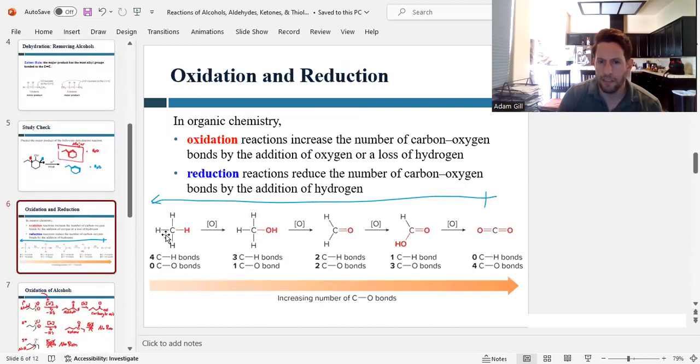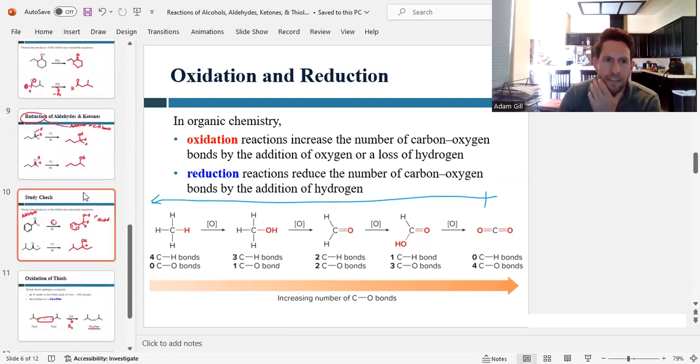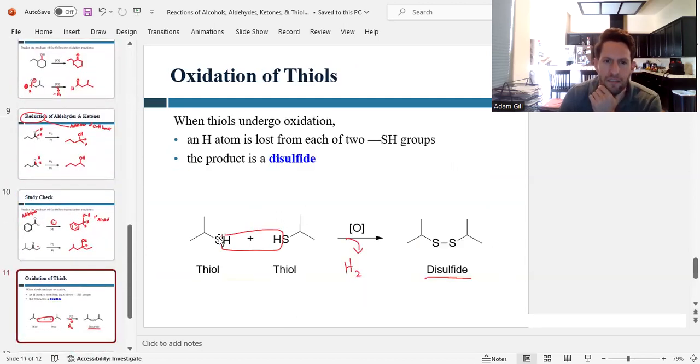And then oxidation means the addition of bonds to oxygen. Reduction means reducing the amount of oxygen or increasing the amount of hydrogen. And if you oxidize thiols, you are connecting two sulfurs together as a disulfide.